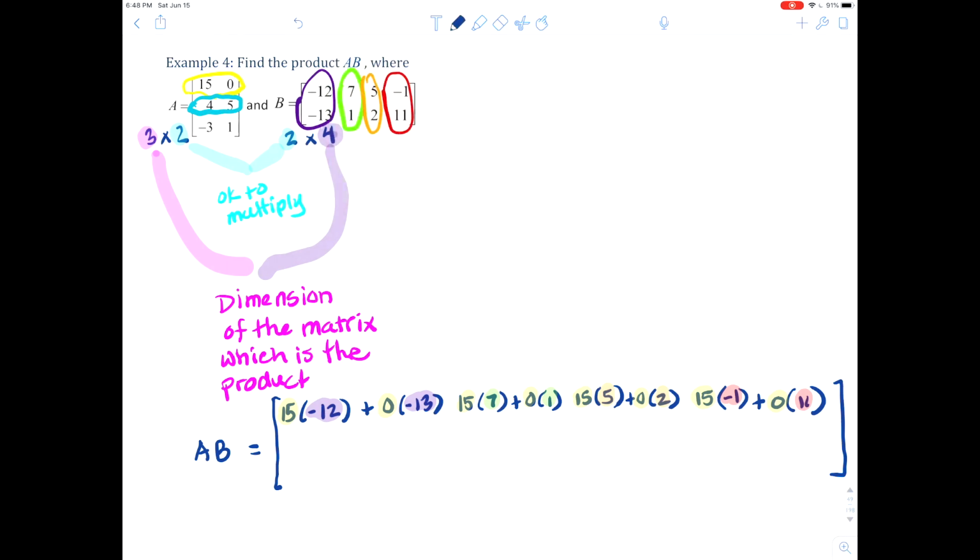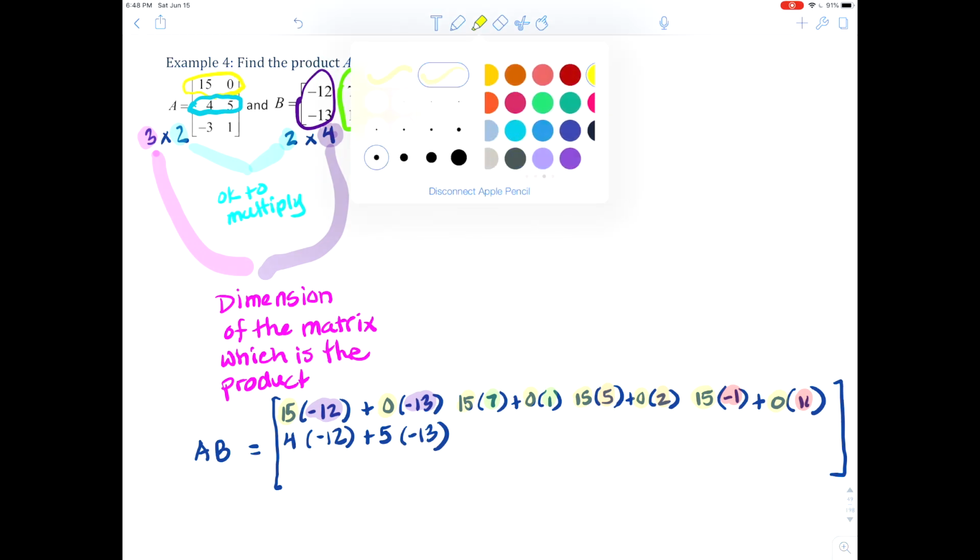All right, so we'll have 4 times -12, so we're back to the first column of B, and then plus 5 times -13.